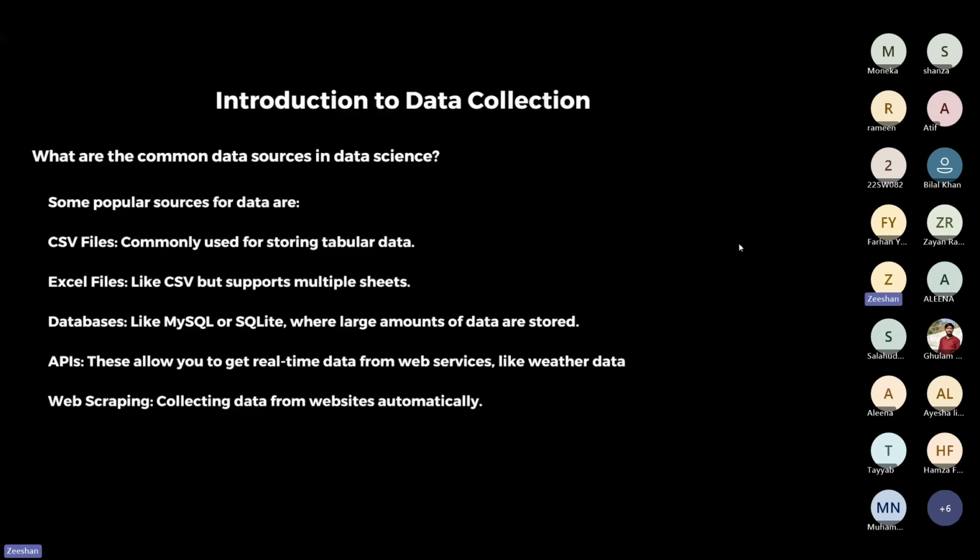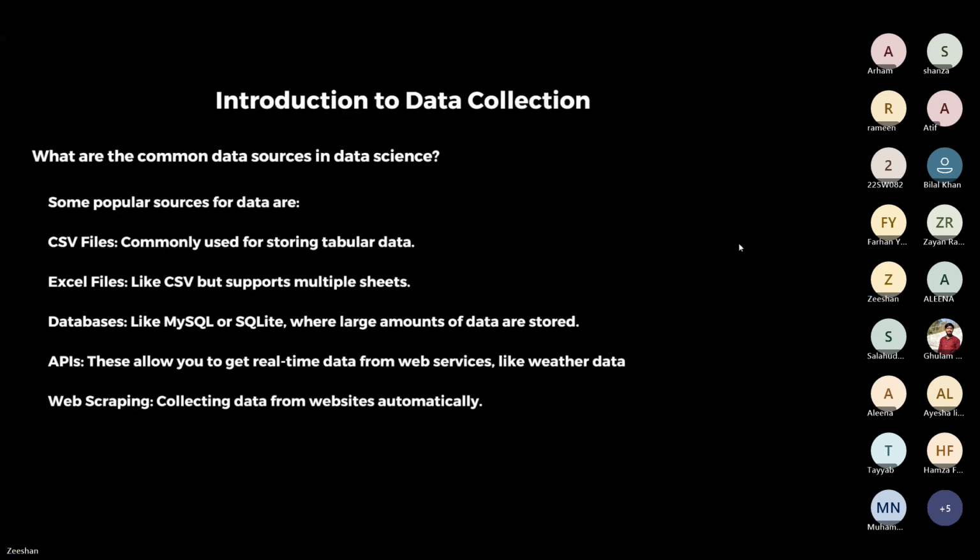Again, I'll just read out these things. CSV file: commonly used for storing tabular data. Excel file: like CSVs but supports multiple sheets. Database, like MySQL or SQLite, where large amounts of data are stored.